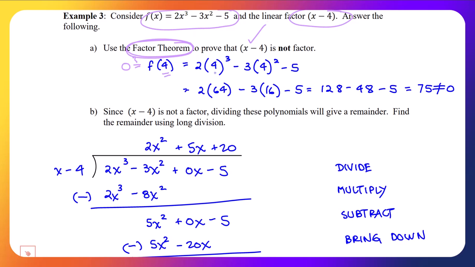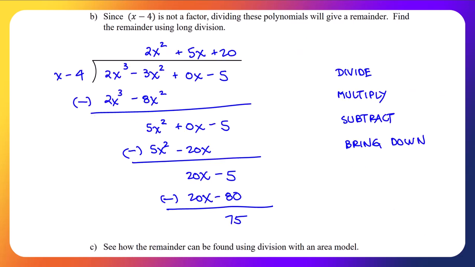But if I plug in 4 and work it out, I get 75, which is not 0. Therefore, I show that it is not a factor. It doesn't go in evenly. So, since we're going to talk about this idea of a remainder, let's do long division so we can see the remainder.